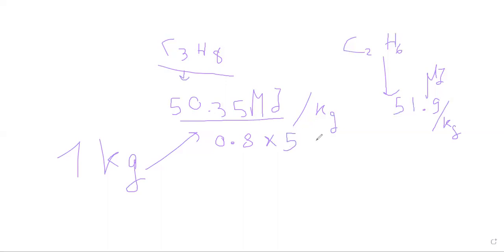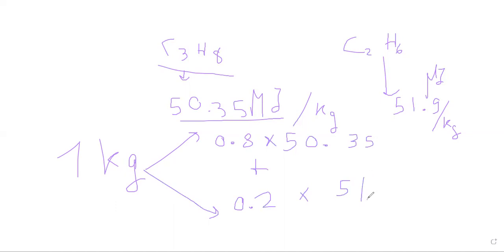So it's 0.8 times 50.35. Okay, and this heating value should be added to the one that is released from the combustion of 0.2 kilogram of C2H6. So I should add 0.2 times 51.9.